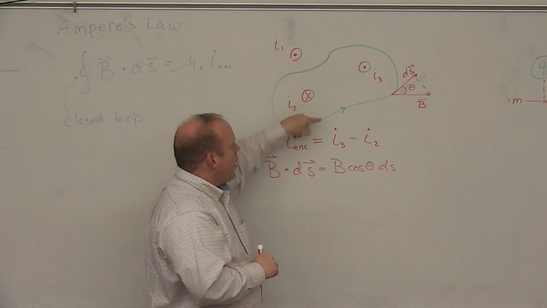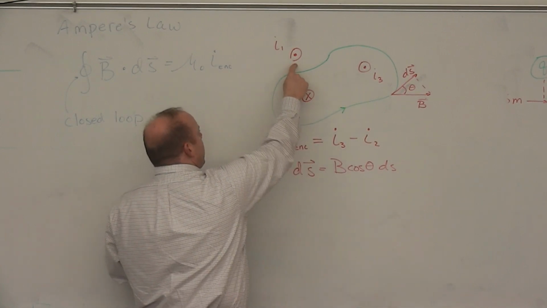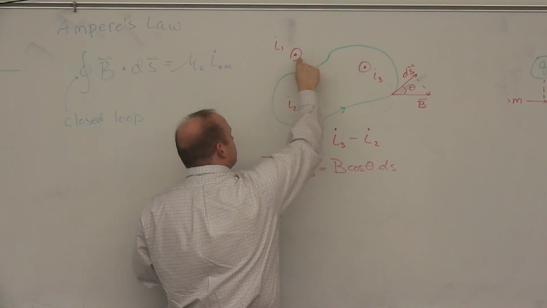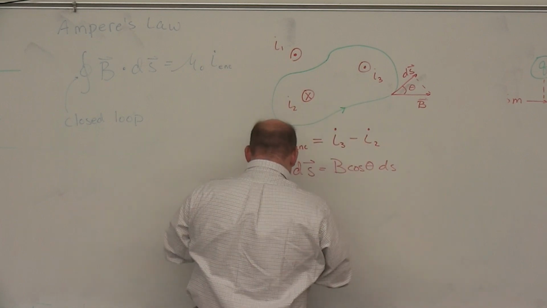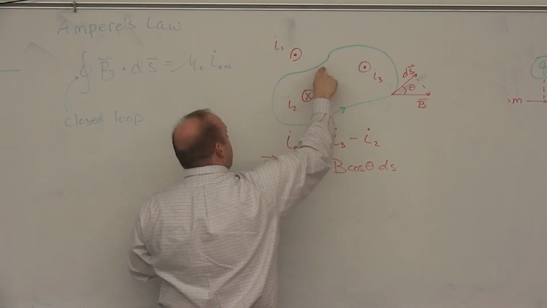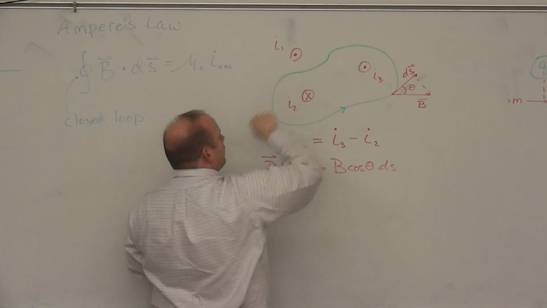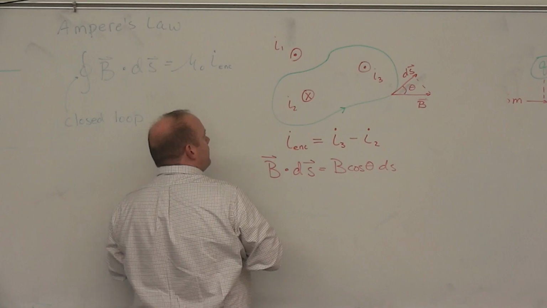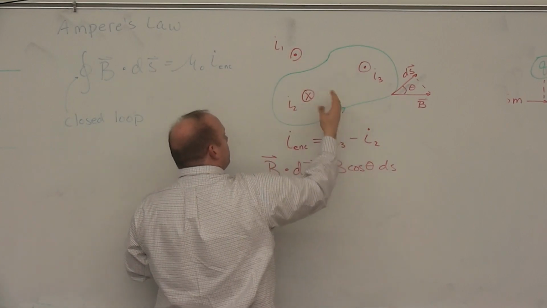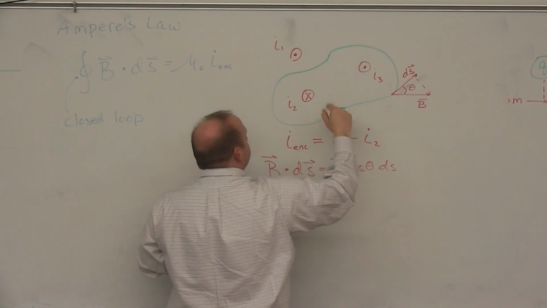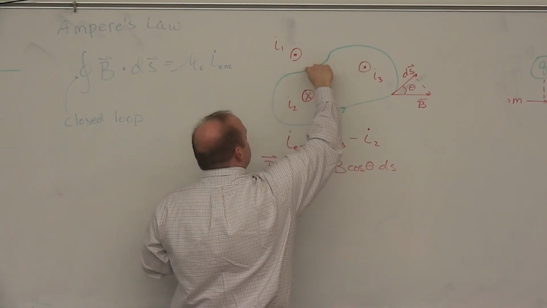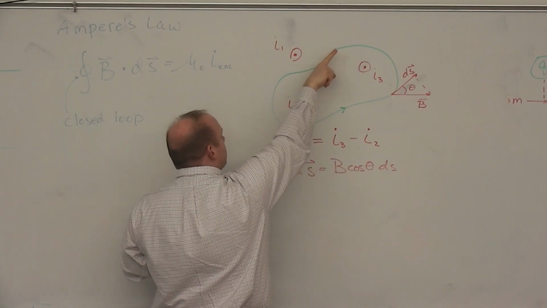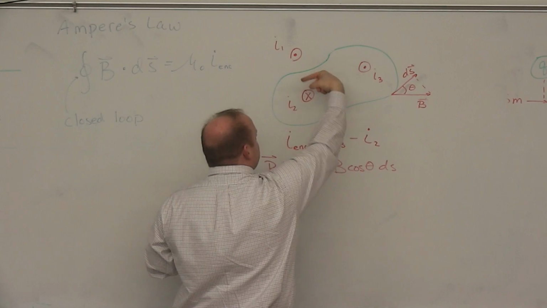I1 here, along this loop, the magnetic field due to I1, that's coming out of the board. Here, my magnetic field at this location due to this is going to go in this direction, and my loop also goes in that direction. So you'd have some sort of positive part there. Over here, though, the magnetic field would be going off in that direction, while my Amperian loop goes in this direction, so I get a negative result.